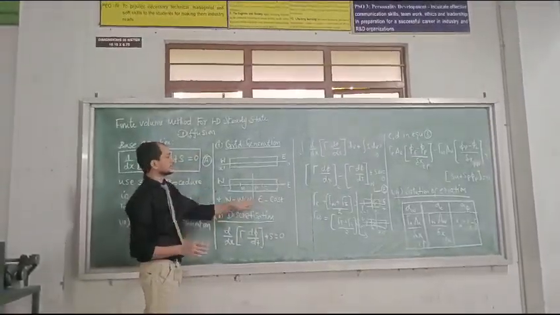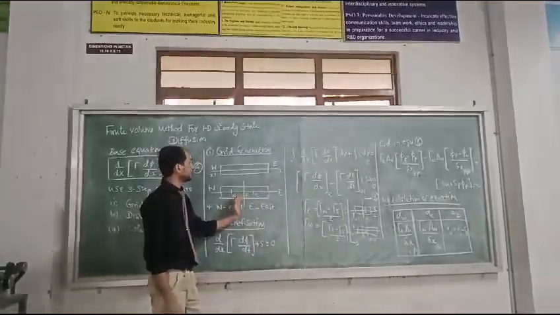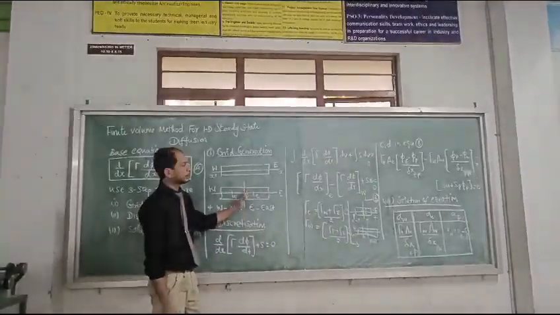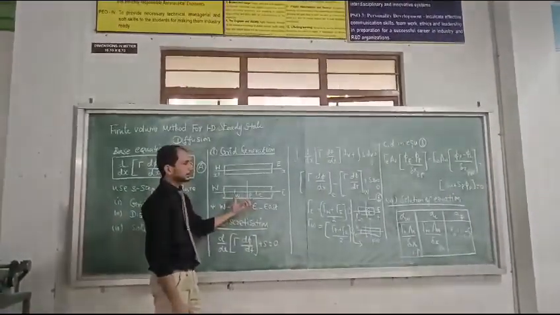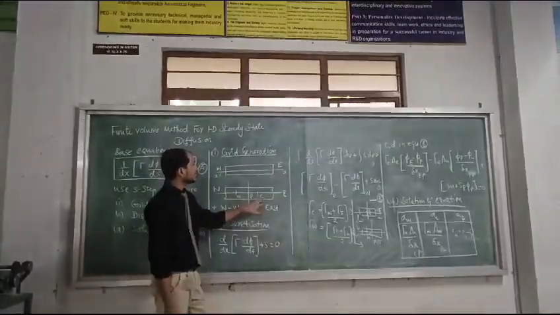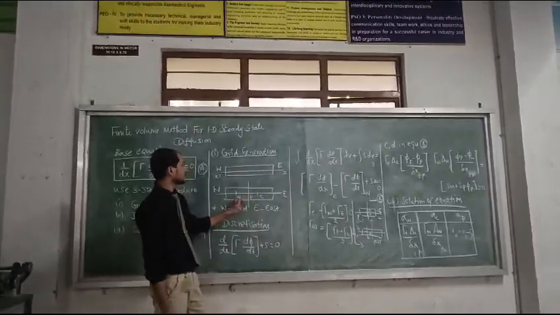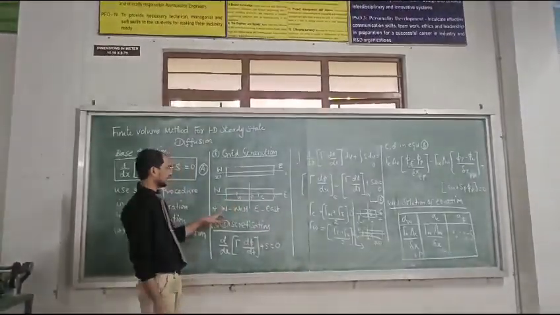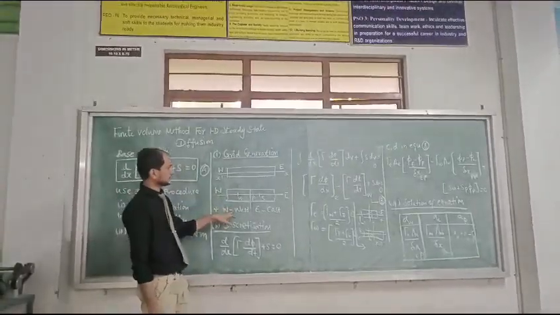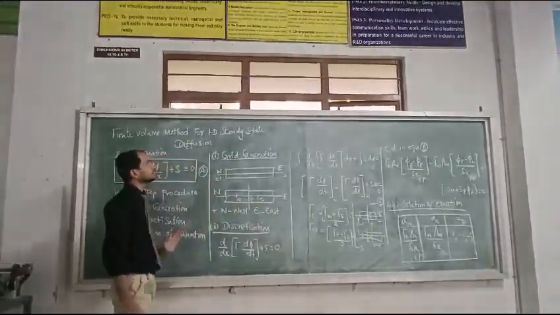In between we take the origin, which is called P. At P we divide the domain into a number of equal components. For one control volume, the x direction is taken as E and the negative x direction is taken as W. Here W is the west and E is the east direction. So this is grid generation.